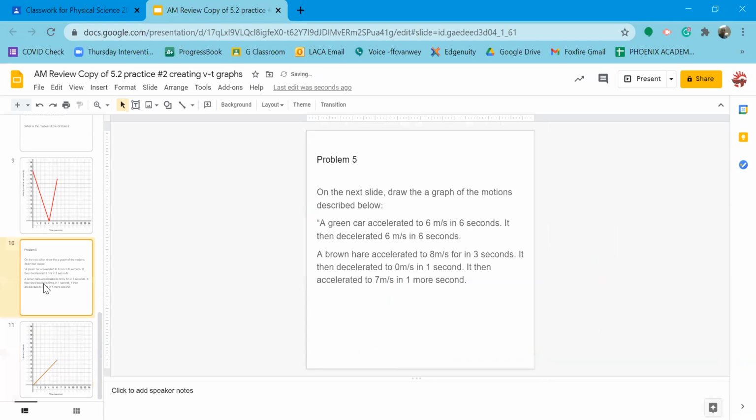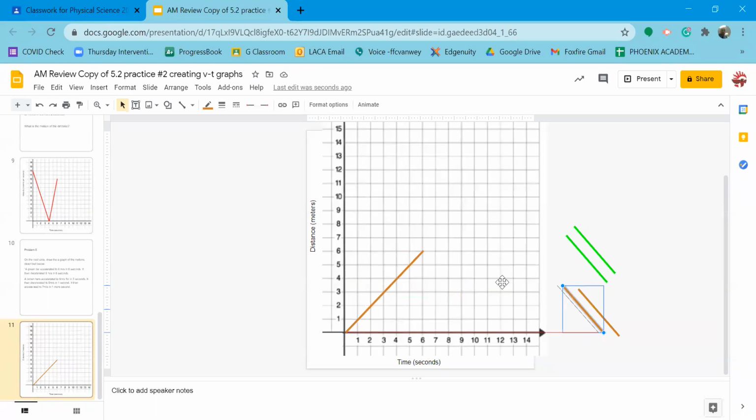Then decelerated 6 meters per second, and it took 6 seconds. So the same thing, but downward. Okay, so 1, 2, 3, 4, 5, 6 seconds, and it goes down 1, 2, 3, 4, 5, 6 meters per second.